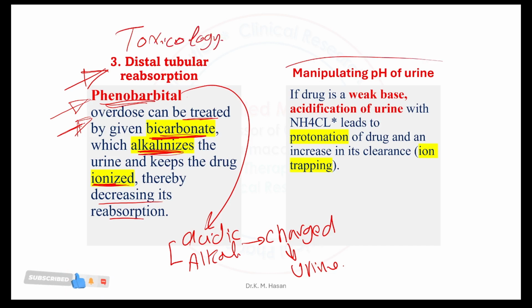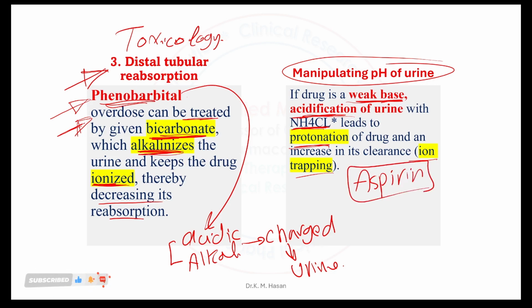Okay, manipulation of urine pH. If you have a weak base, we acidify the urine with ammonium chloride. This will lead to protonation and ion trapping. For example, if you have an overdose of aspirin, and we know that aspirin is an acidic drug, then if you alkalinize the urine by prescribing bicarbonate, this will lead to charged drug and enhanced excretion.